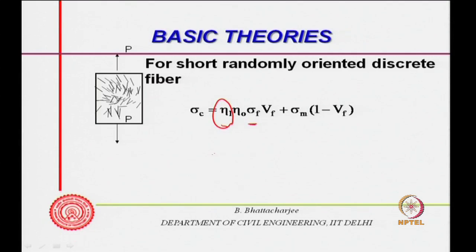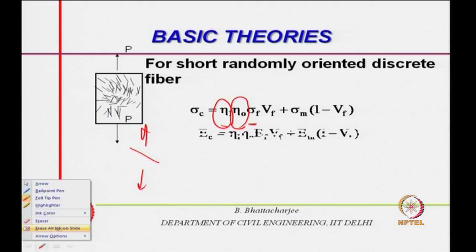And since they are oriented, if this is like this, only a part of the fiber will be effective in carrying the load, as the load will come like this. So, therefore, I put what is called an orientation efficiency factor. So, the length efficiency factor and the orientation efficiency factor.